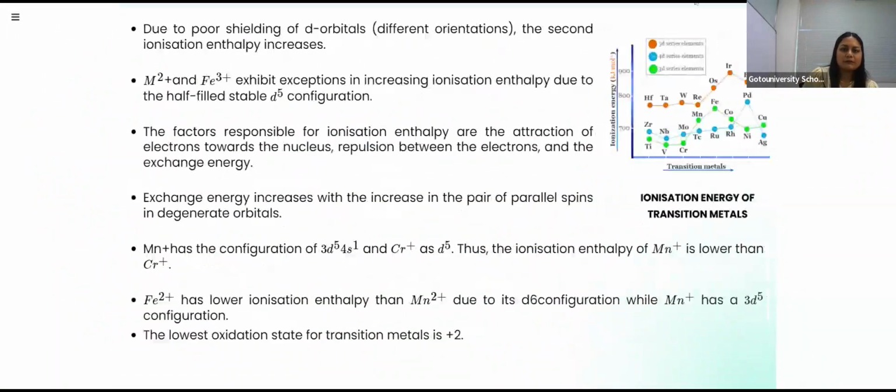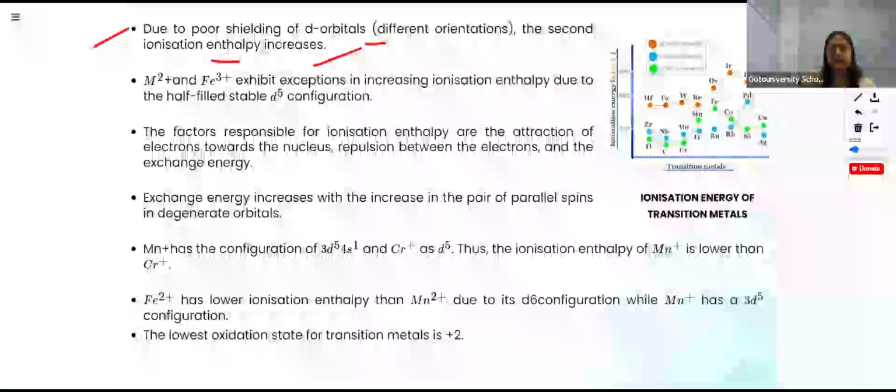Now, due to poor shielding of d orbitals, the second ionization enthalpy increases, that we have already discussed. If we look at this table, the green color is for 3d transition elements, moving from left to right as the nuclear charge is increasing and due to poor shielding. For other series, the second ionization enthalpy is decreasing.